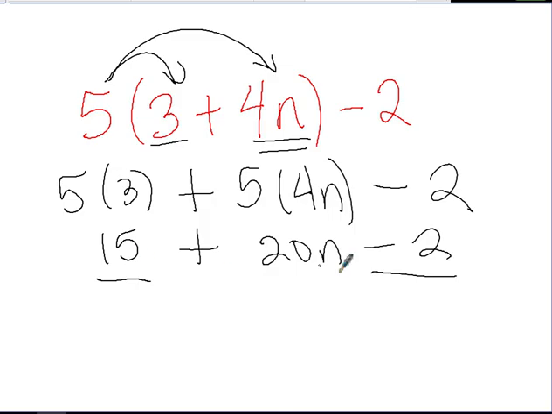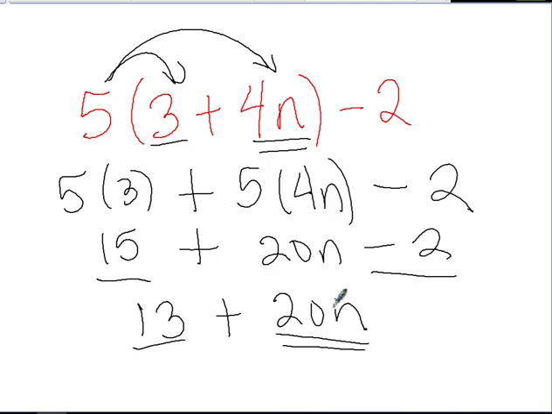So 15 minus 2 is 13 plus 20n because the 20n cannot be combined. Since 13 and 20n are not like terms, this is a constant and this is a variable term with an n at the end. They don't have the same last name. I'm done. My final answer is 13 plus 20n.